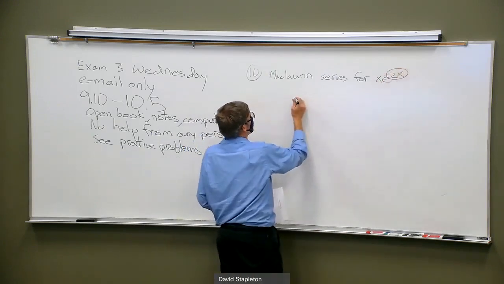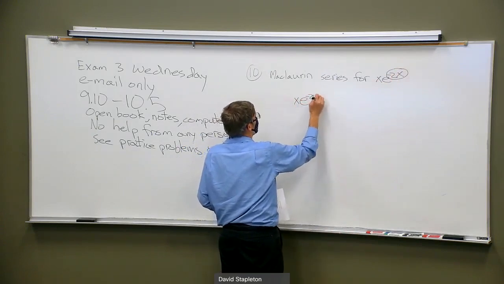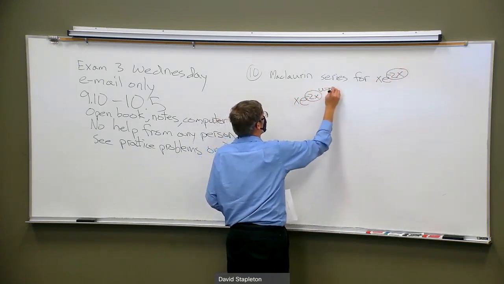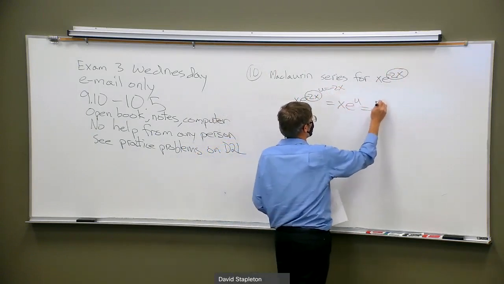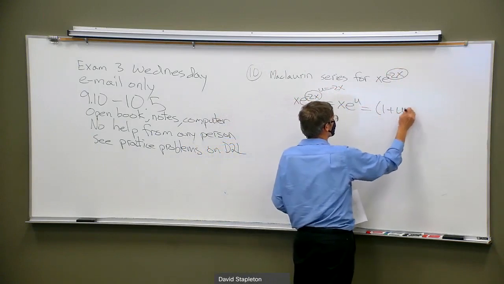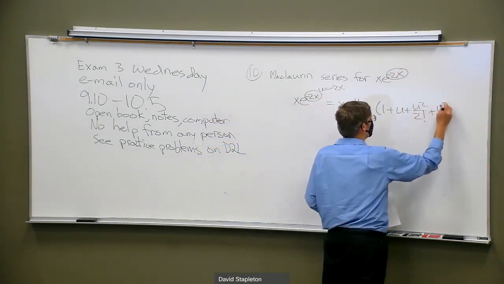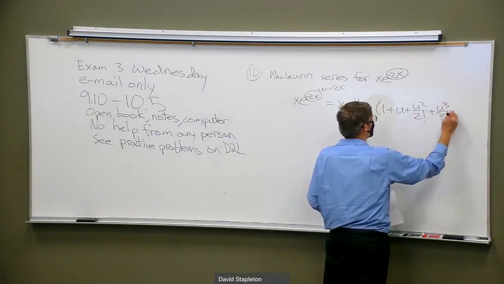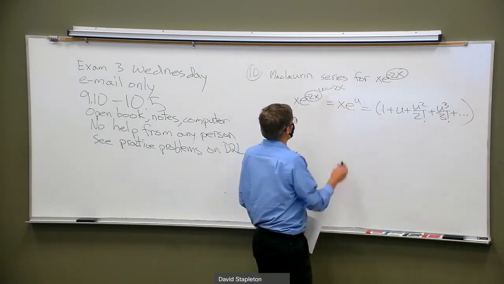If I think of x e to the minus 2x and call this u equals minus 2x, then the series for e to the u is 1 plus u squared over 2 factorial and so on. And now you just put minus 2x back in.